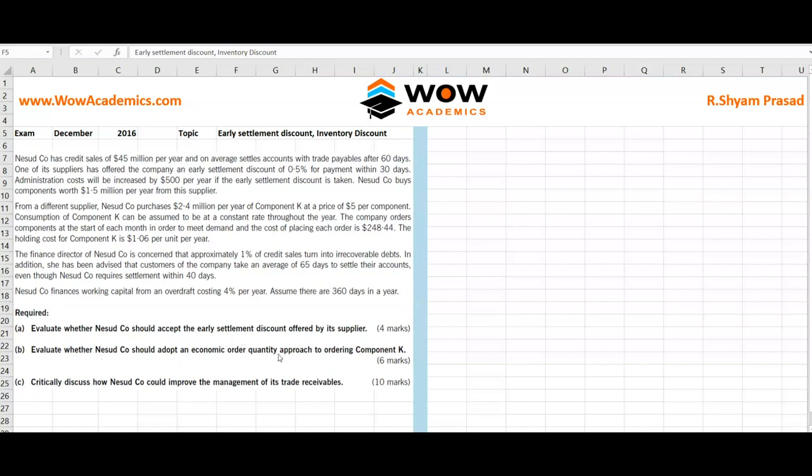Then they're asking you whether an EOQ is the right approach for ordering inventories. So two questions are there. First we'll work out requirement A. So requirement A is early settlement discount.